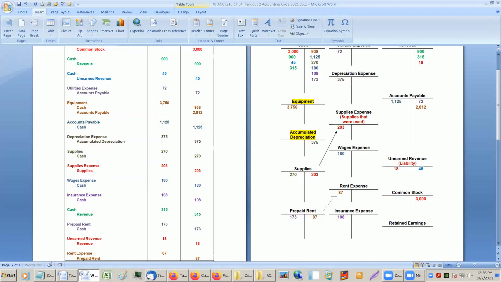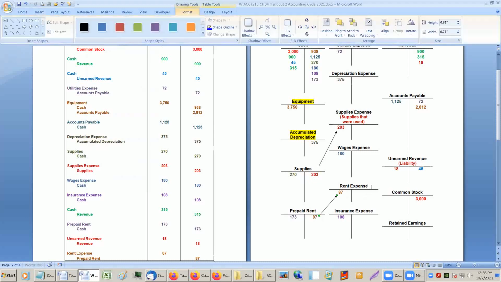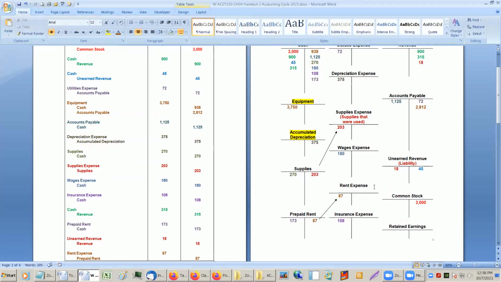And by the way, prepaid rent is an asset. You're paying something ahead of time. And as you use it up, it becomes an expense.